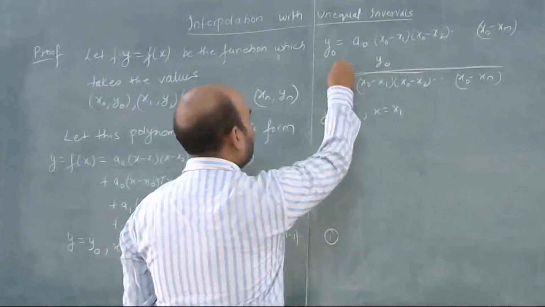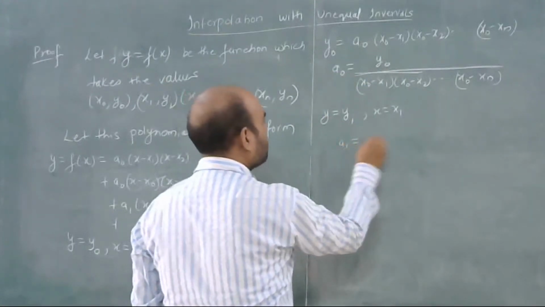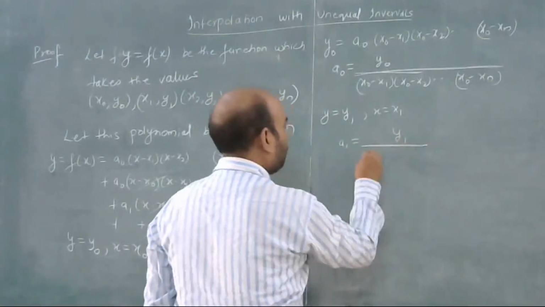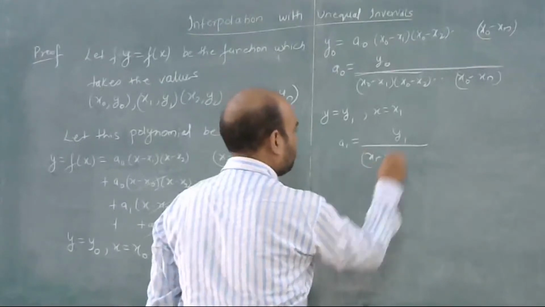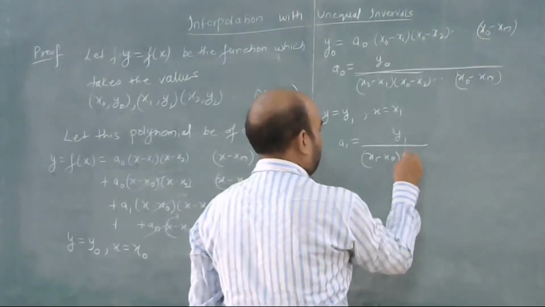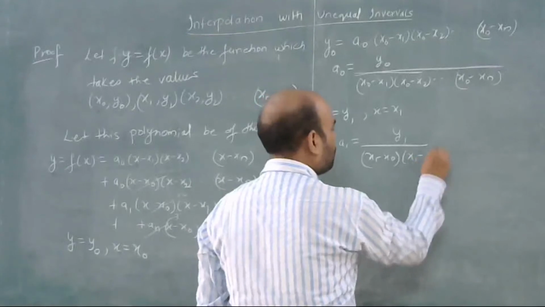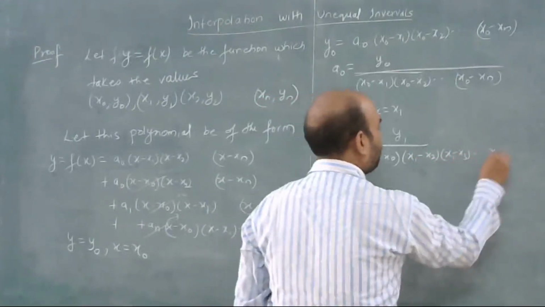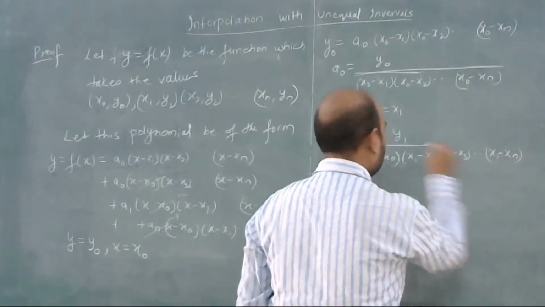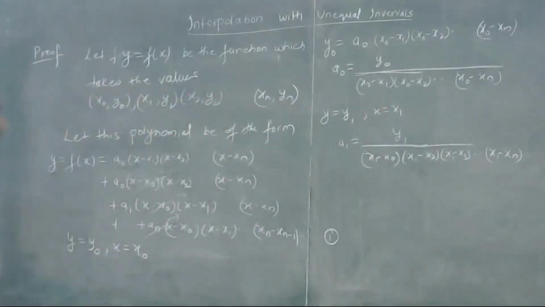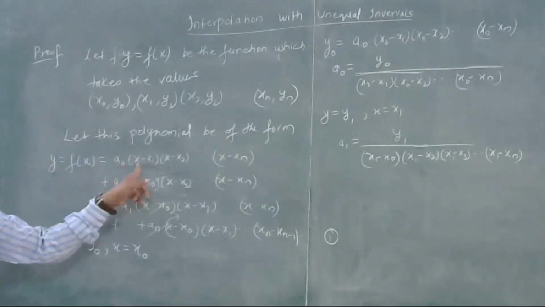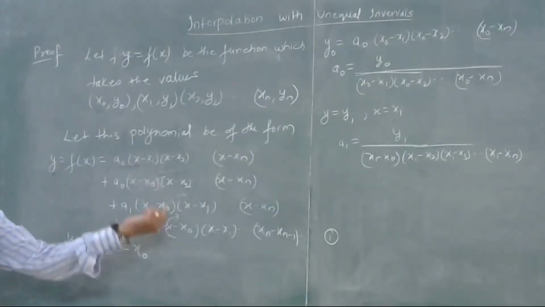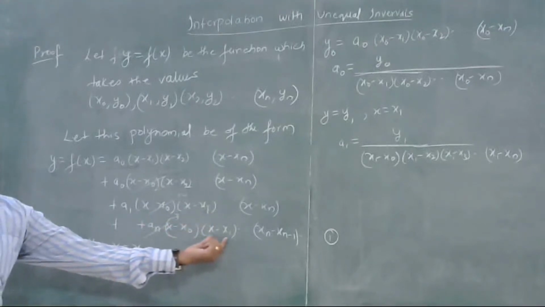So similarly, you can find a1 is equal to y1 upon (x1 minus x0)(x1 minus x2)(x1 minus x3) up to (x1 minus xn). Okay. So this is x minus x1. We are substituting x is equal to x1. So this will become 0, this will become 0, and this will become 0.